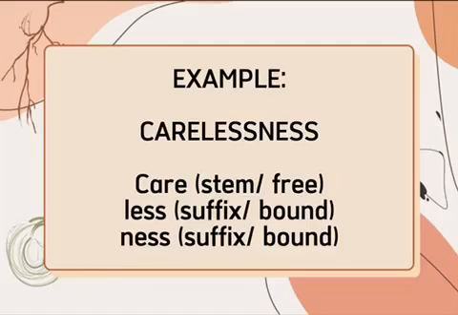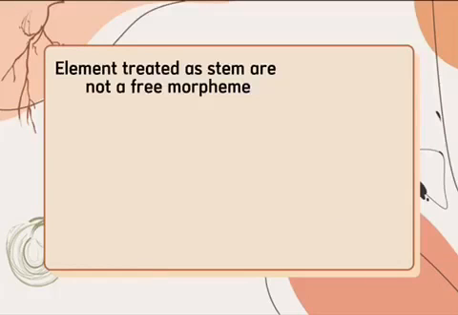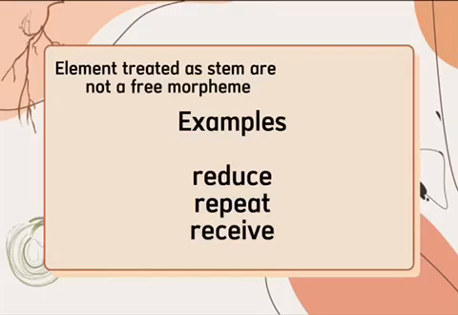There are a number of English words in which the element treated as stem is not a free morpheme. For example, in words like reduce, repeat, and receive, these types of forms are called bound stems to distinguish between them and the free stems.